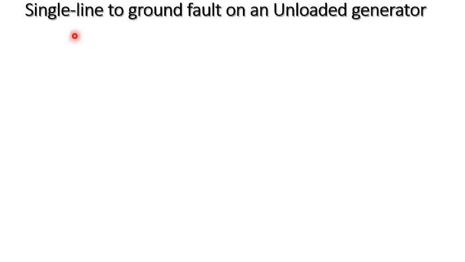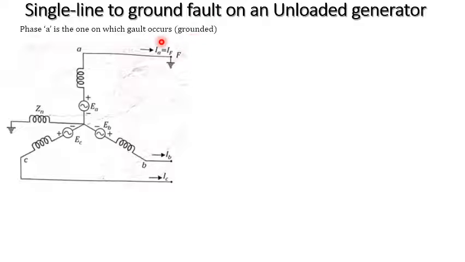Now let us understand the first fault on the generator, that is single line to ground fault on an unloaded synchronous generator. Assume that phase A is the one which is faulted, meaning grounded.